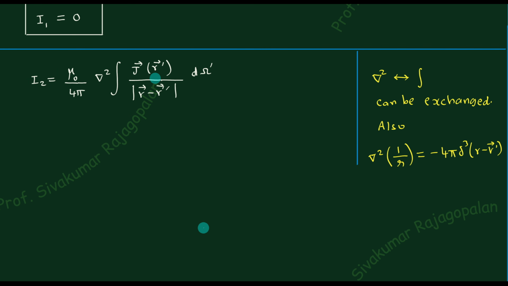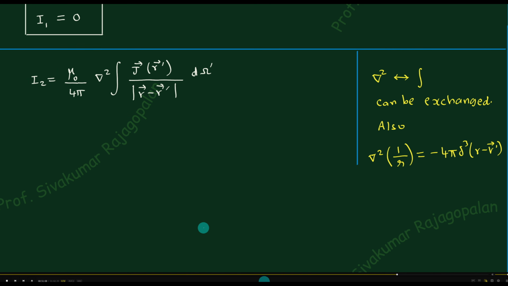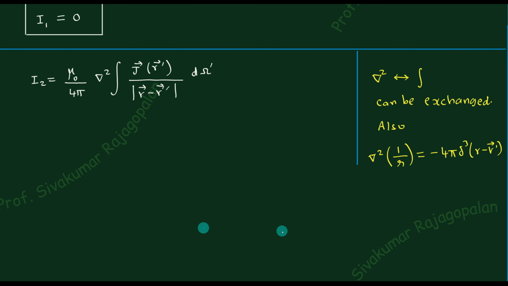If it is a 1-dimensional case, then you simply write delta of x. So that 3 is not very important. Even if you don't write 3, no problem, because the vector will clearly indicate whether it is a 3-dimensional or 2-dimensional delta. Even if you write without 3, it's fine. So these are the pieces of information that are required.